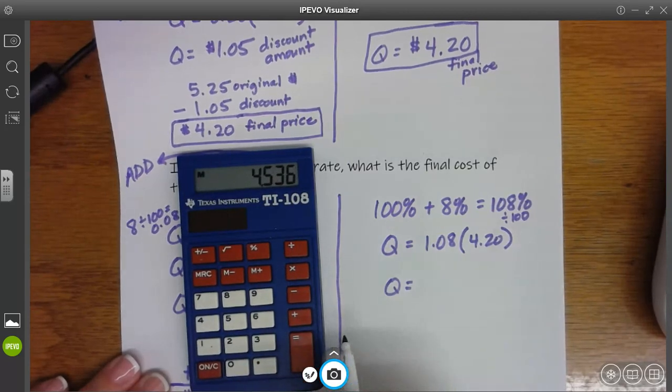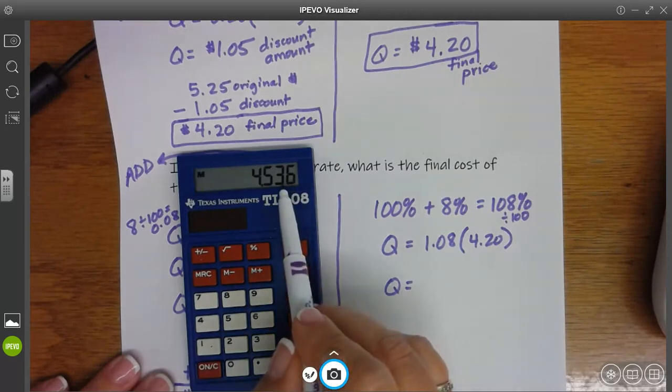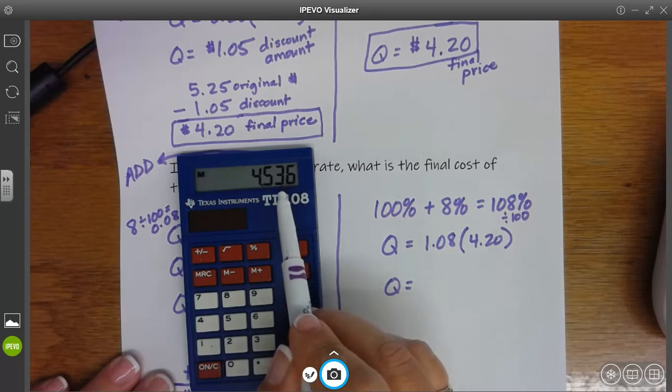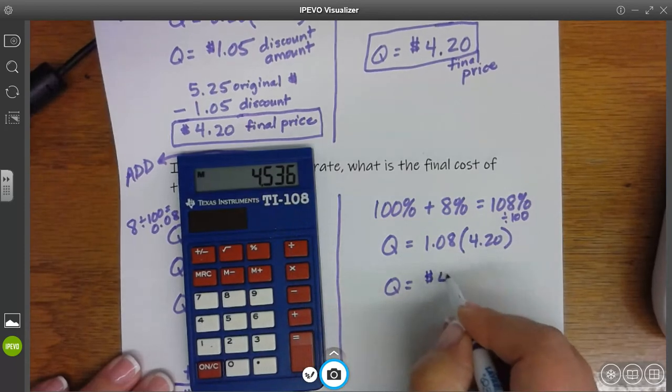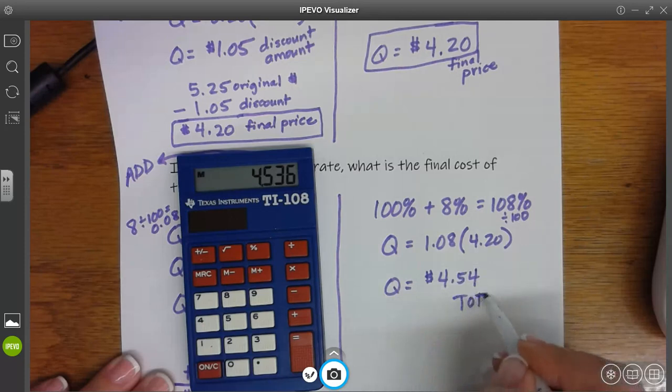Now that's not 536 cents. You have to round that off. That 6 tells the 3 to become a what? 6 is 5 or more, so the 3 is going to score. So your final price will be $4.54. So this is your total.